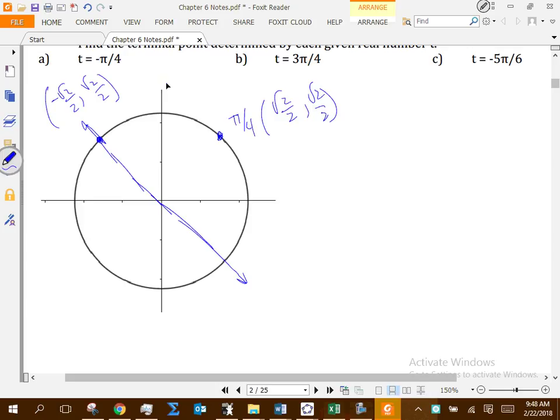Now, this would be pi over 2, or 2 pi over 4. So this arc here, that t, would be 3 pi over 4. Obviously if I reflect over the x-axis, we get that one, which was 5 pi over 4. But can I reflect then again over the y-axis and get that one, which would end up being 7 pi over 4, whose coordinates are going to be radical 2 over 2, negative radical 2 over 2.